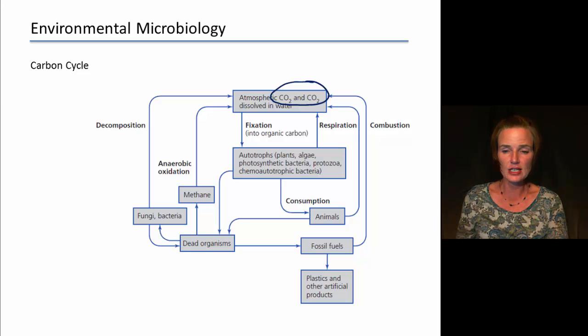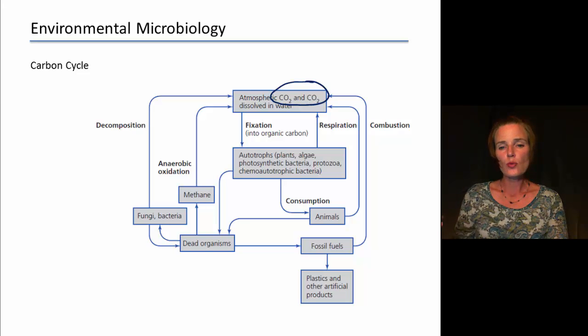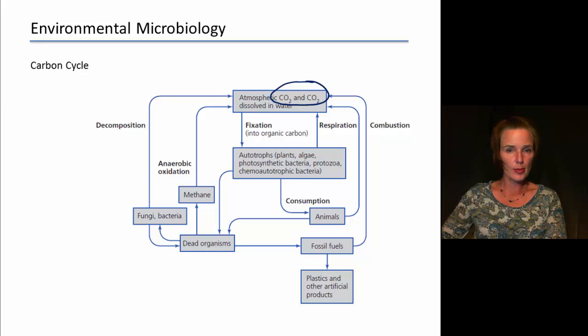So if we are breaking down molecules through combustion, such as different fossil fuels, that could result in that. We could also have carbon dioxide produced through the decomposition process. And when we talk about microbes, fungi and bacteria play a big role in decomposing dead organisms. And so we're continuously getting carbon dioxide given back to the atmosphere.